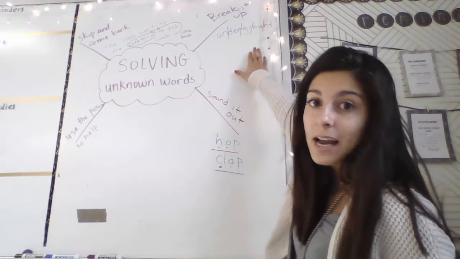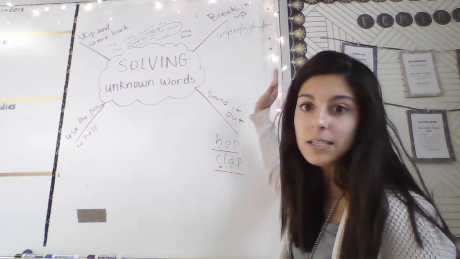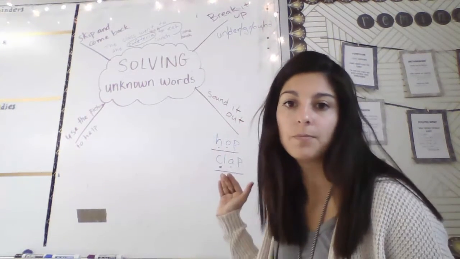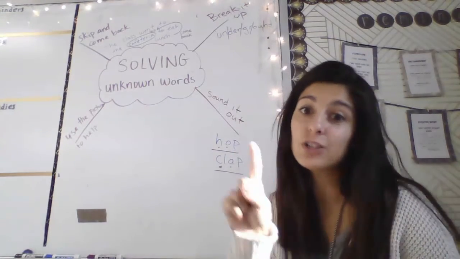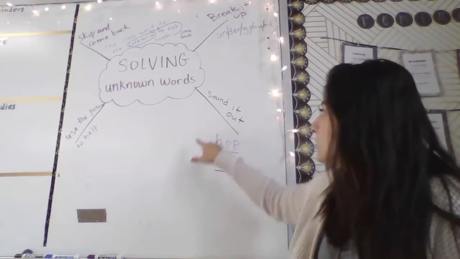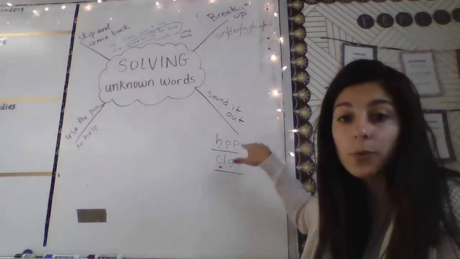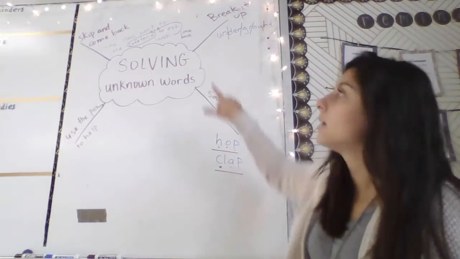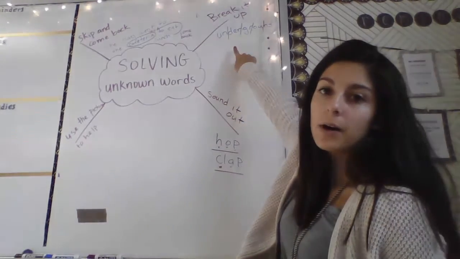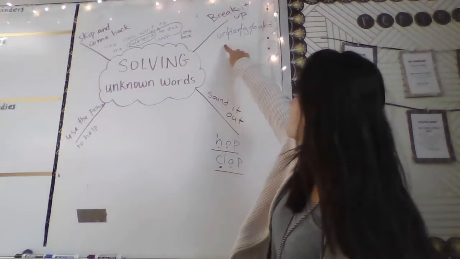So instead of sounding it out, we break it up into pieces. Chop, chop, chop, chop, chop. And then you can figure out each piece instead of doing each sound, right? So sound it out is for those small, short words. Break it up is when it's a bigger word. Like this word, we cut it up into pieces.